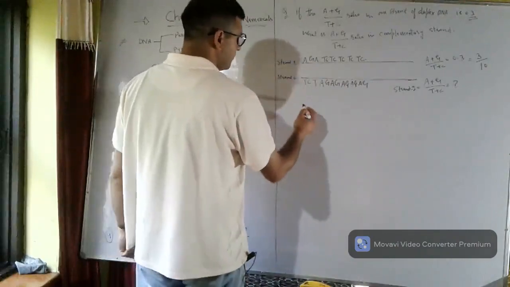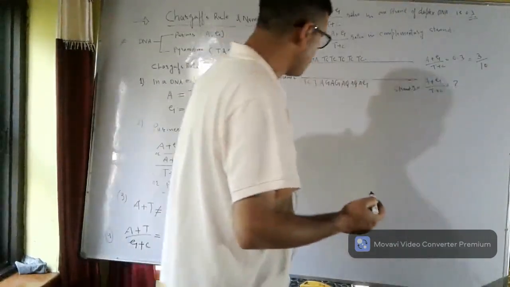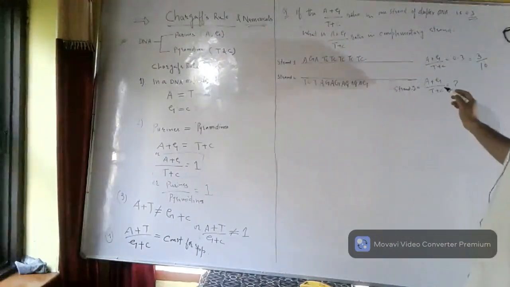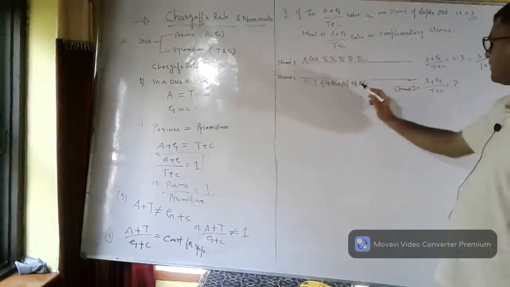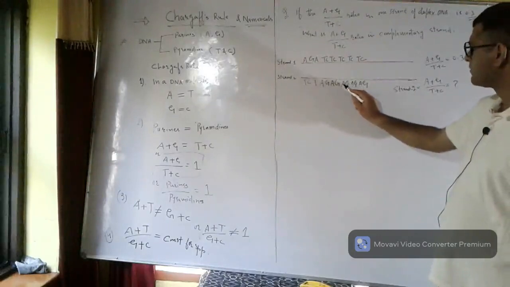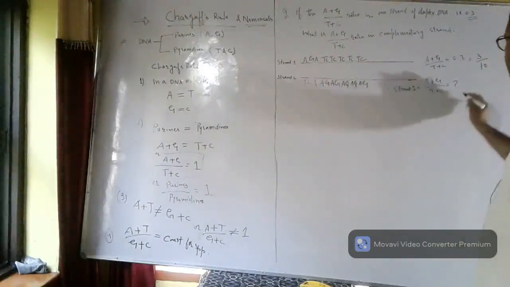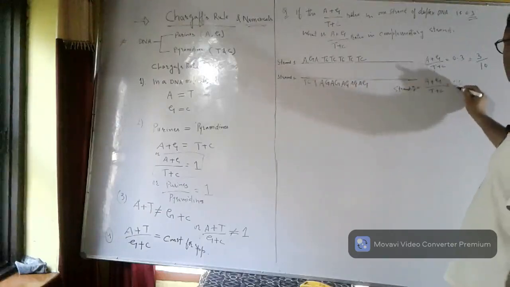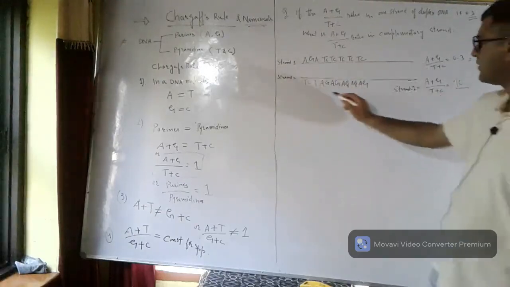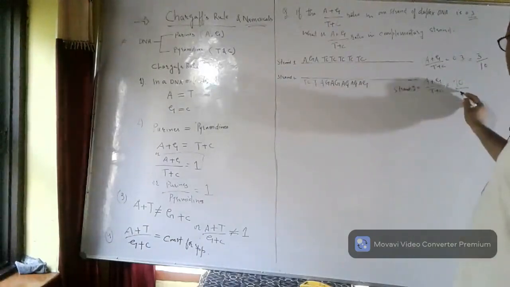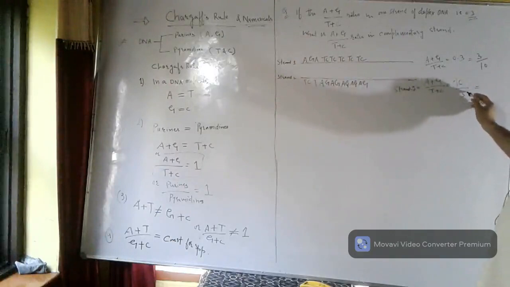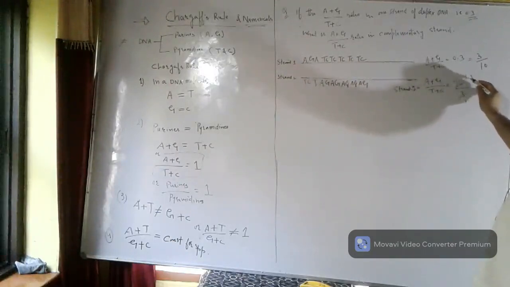So we will calculate them. In the second strand, adenine and guanine are 10, and thymine and cytosine are 3. Therefore, the ratio is 10 by 3, that is 3.3.